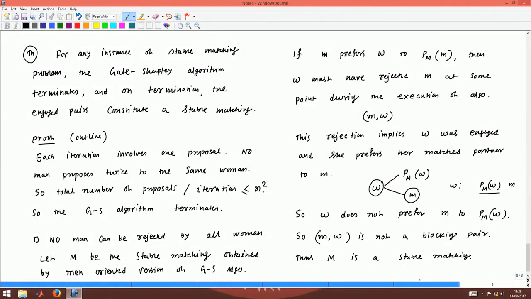The Gale-Shapley version that we have given here is a man oriented stable matching. You can just change the roles of man and woman, and you will get a woman oriented stable matching. The woman oriented stable matching will be different from the man oriented stable matching, that you can check. Okay. Thank you very much.